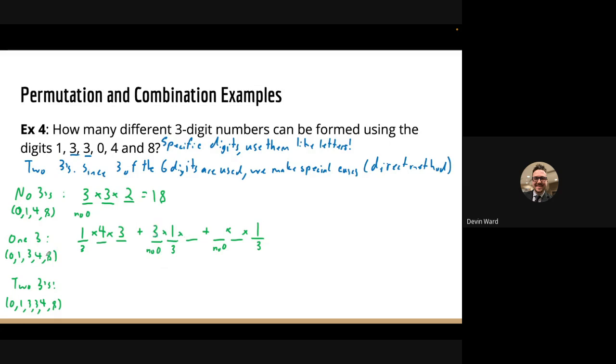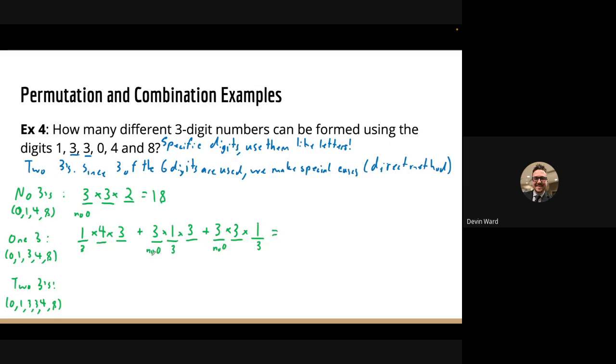In my last row, I could have the 0, and I'll have the remaining options I didn't have. So say if I start the number with a 1, so it's 130, then it could be 0, 4, or 8, because it could be 130, it could be 134, or it could be 138. So I have 3 options left here. Then for our last one, I'll have the same 3 and 3. Just like I did here, it's moved over the 1.